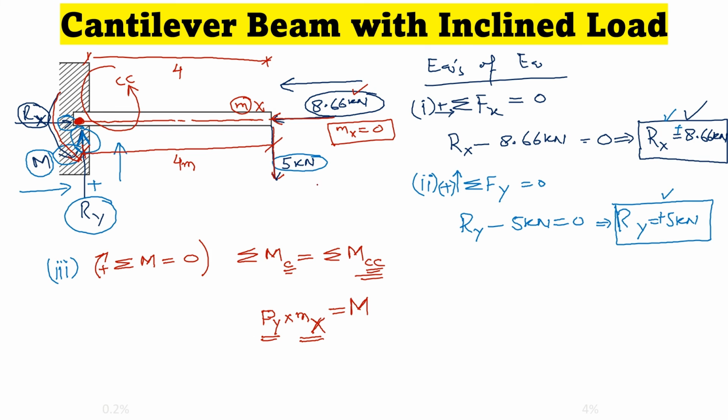What is the value of force? That is 5 kilonewton. So 5 kilonewton times the distance from the point to the force, that is 4 meter. If we calculate this, M will be equal to 20 kilonewton meter. So we have found the third reaction, that is M equal to 20 kilonewton meter.